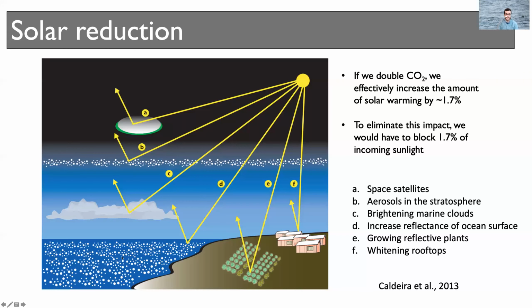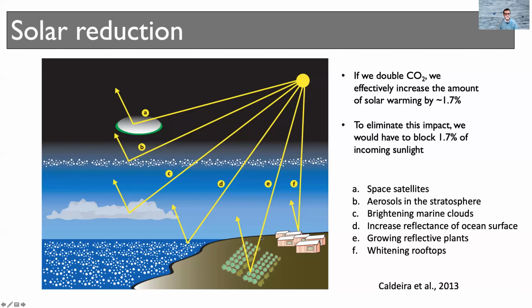I study air-sea gas exchange, and it's intriguing, but I'm skeptical that would work. Now, increasing the actual reflectiveness of land, like whitening rooftops, is something that you certainly can do, and I think it does help local heating, but there's just not that much building surface area to make a huge impact. Or you could grow more reflective plants or increase crop area.